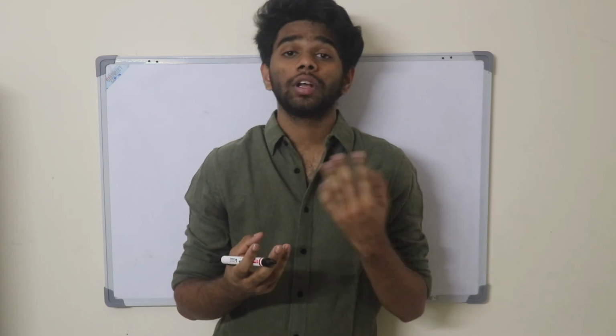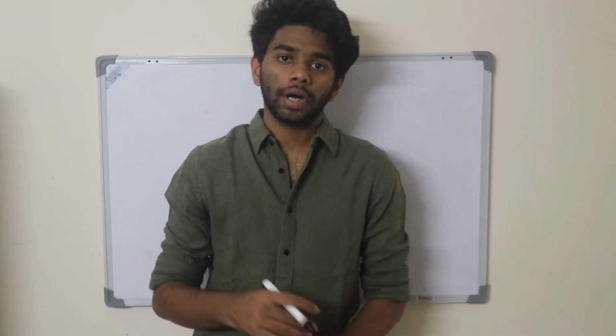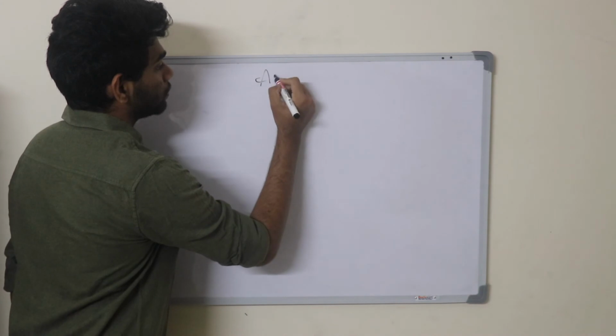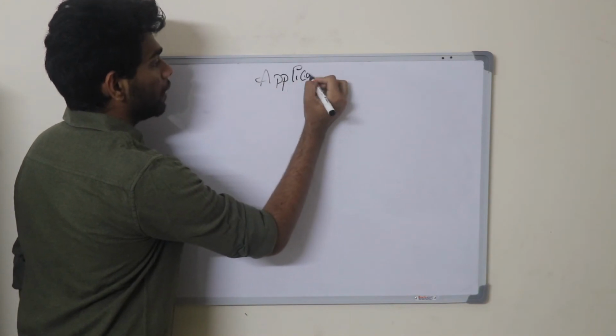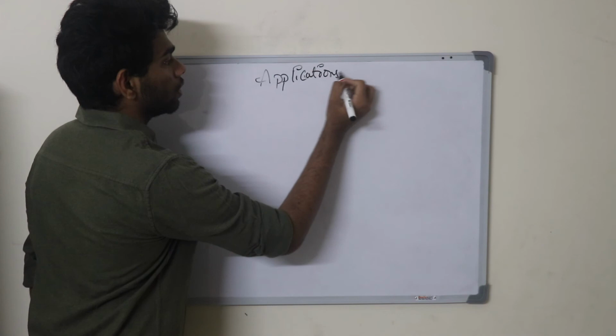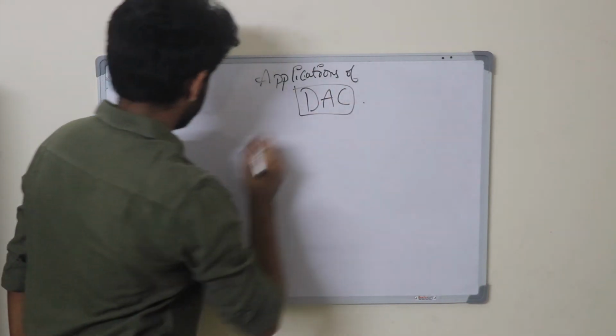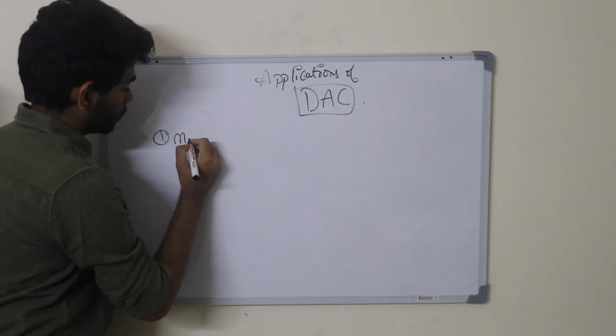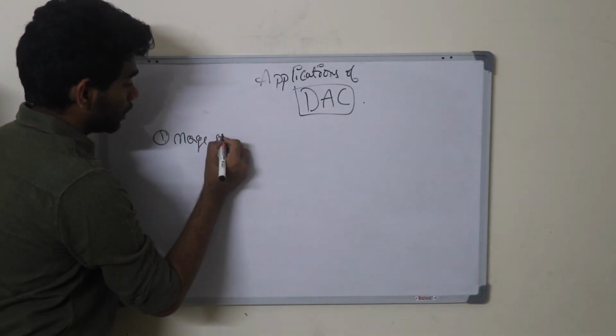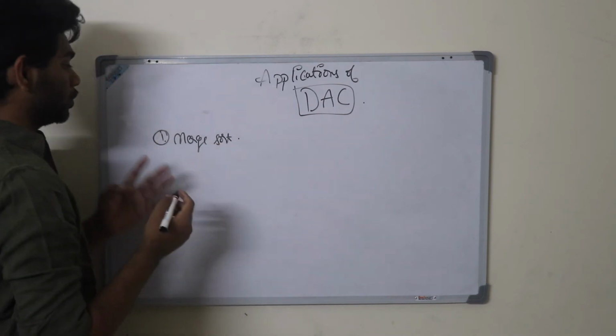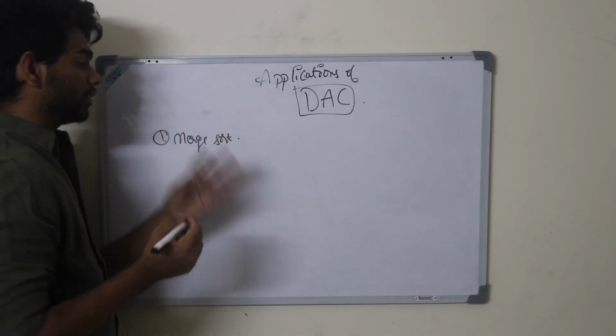So what are the applications of the divide and conquer algorithm? In which sorting, matrix manipulation, or algorithms does divide and conquer play a major part? Applications of DAC, divide and conquer. Firstly, merge sort, because merge sort does the work for the divide and conquer algorithm; it is the main process in which we get the result output.